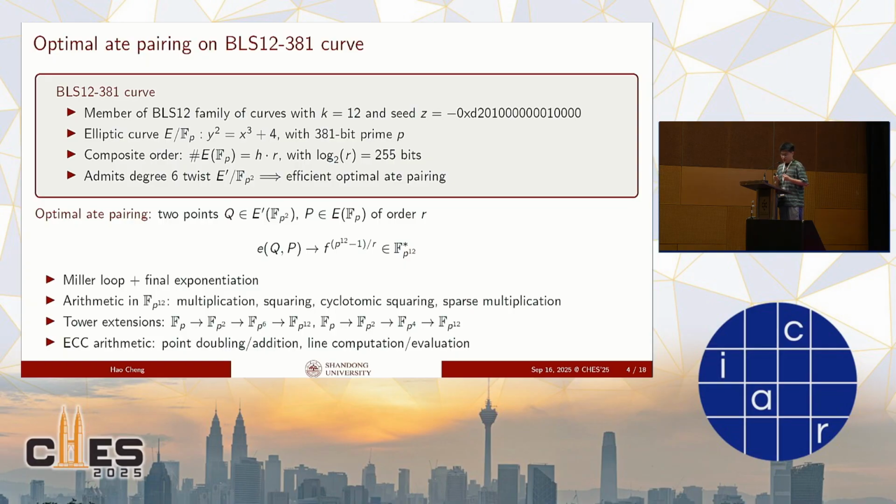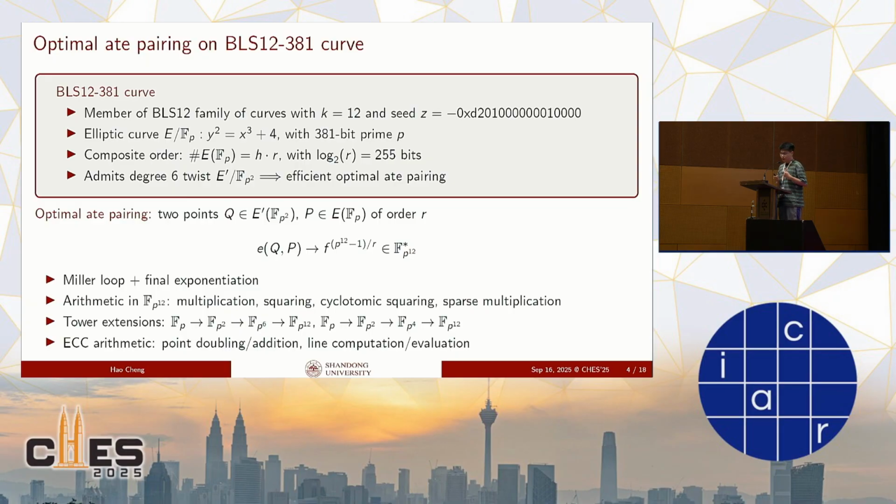The optimal ate pairing needs the input of 2 points Q and P of order r and is computed in this way. It contains mainly 2 steps, namely the Miller loop and the final exponentiation. They are computed with arithmetic operations in Fp12. The important operations include multiplication, squaring, cyclotomic squaring, and sparse multiplication.